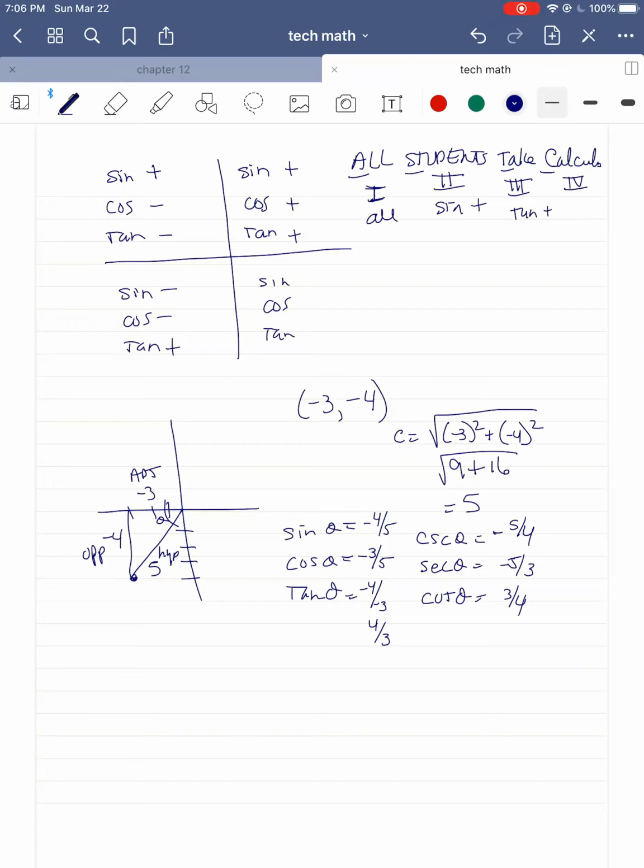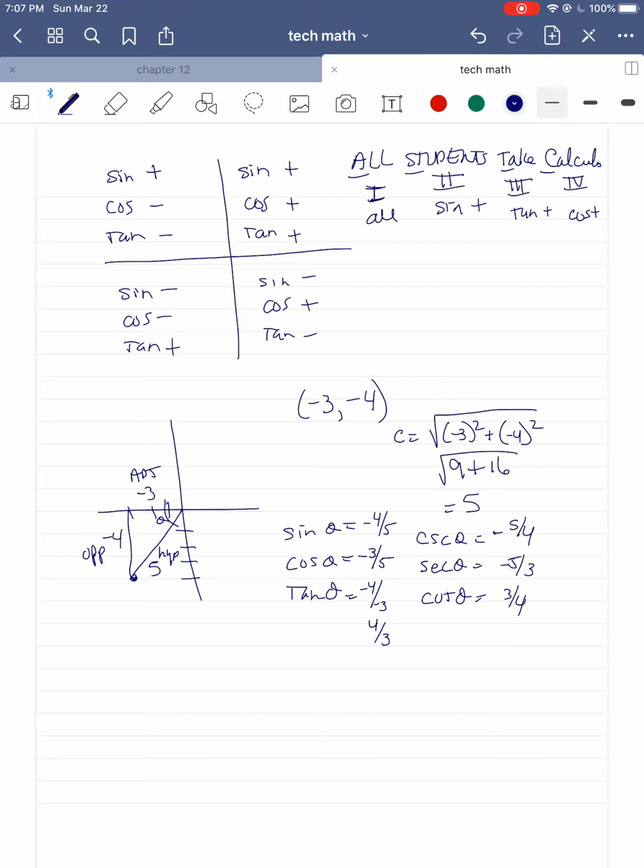Tangent is positive. And this is the fourth quadrant. Cosine is positive. So without having to figure out the last one, I know cosine will be positive in that quadrant. So we're going to be using that quite a bit. Not necessarily in this section, but we will be using it in another section.